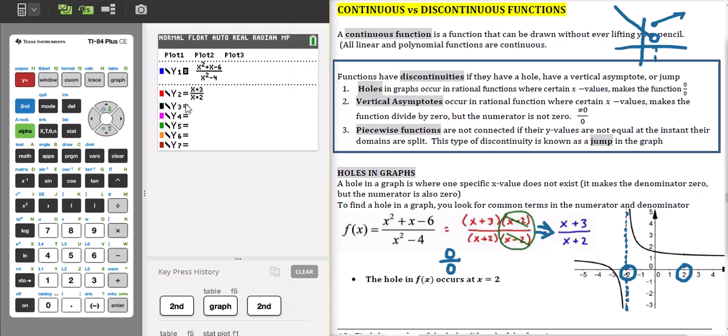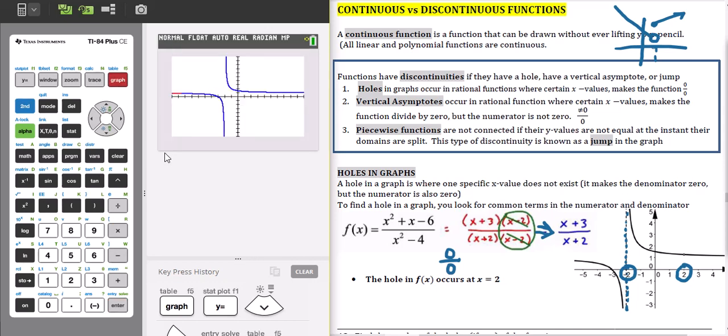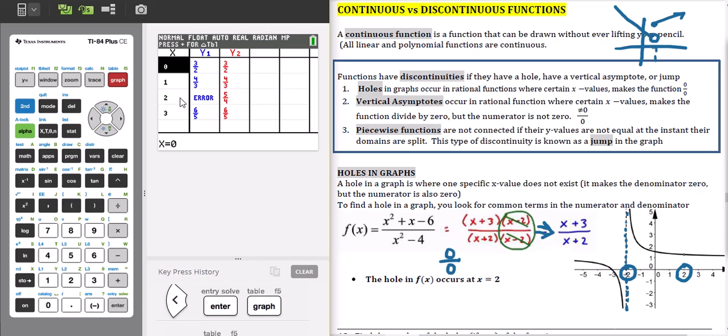If we go back to the calculator, turn on the red y2 graph, then click graph, you'll see it looks exactly like the original graph, except that this one does not have a hole in it at x equals 2. You can go back to the table and see when we're at x equals 2, you get this value of 5/4 or 1.25. So that will tell you right here that the hole is at 2 comma 1.25.